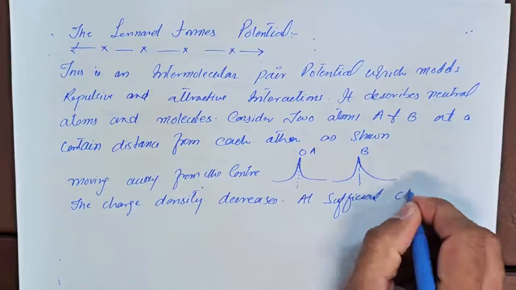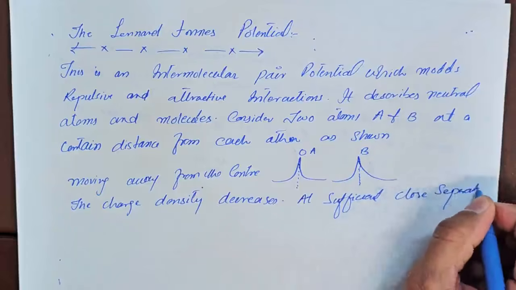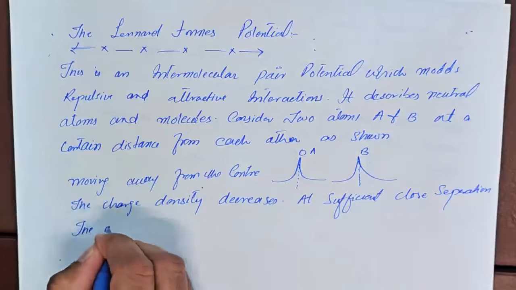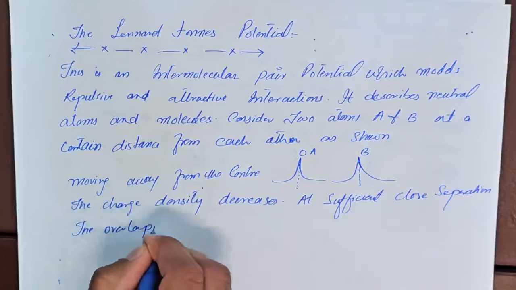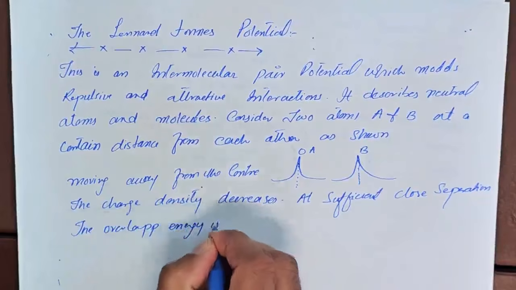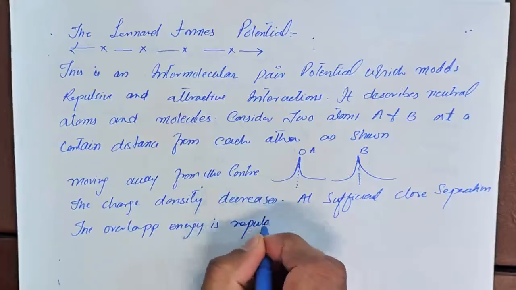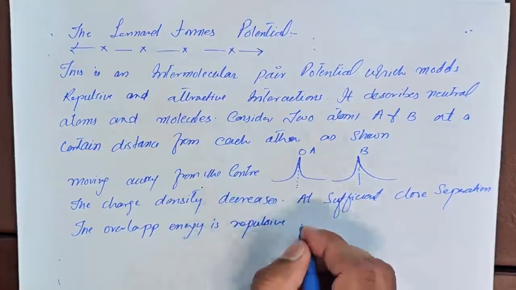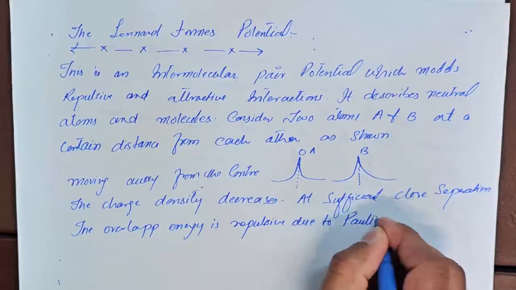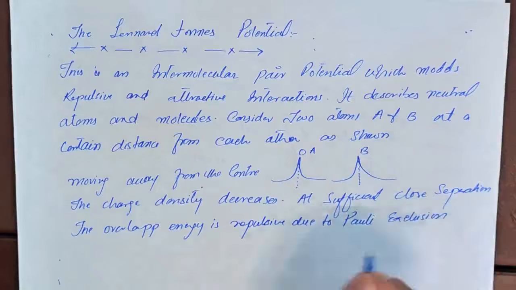At sufficiently close separation, the overlap energy is repulsive due to the Pauli exclusion principle.